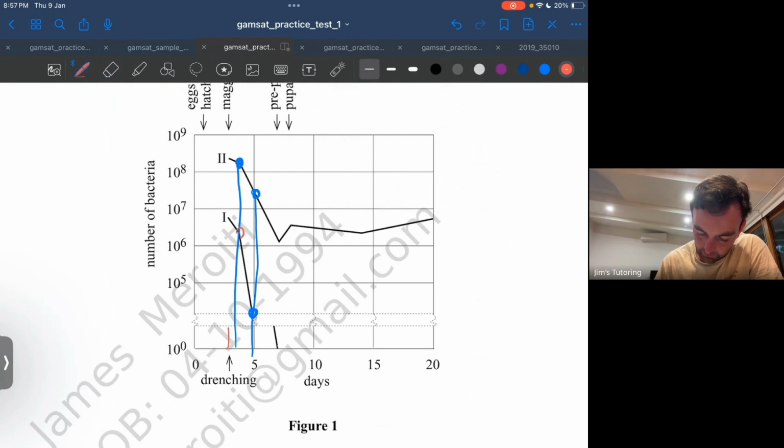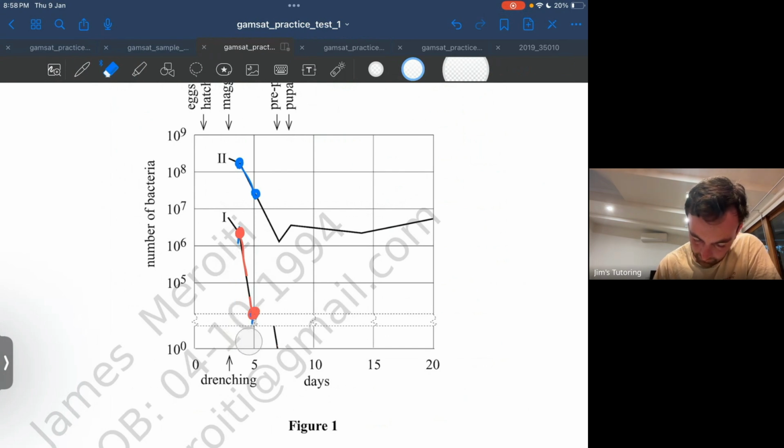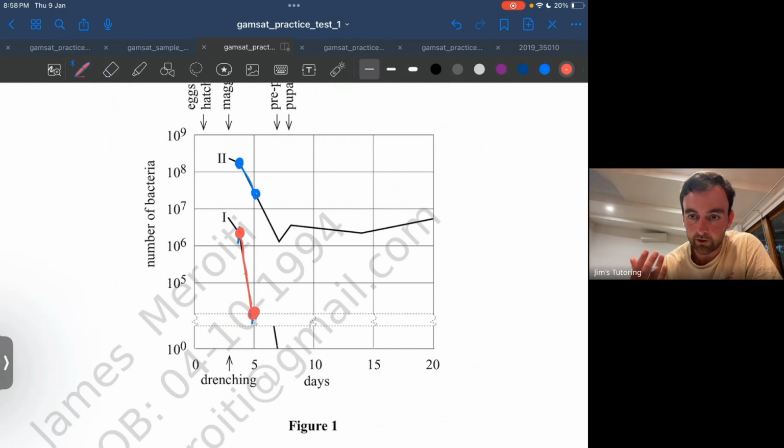So which one goes down more? Line 1 or line 2? I've made this way messier than I needed to, but we carry on. So your brain automatically thinks, well, it should be line 1 goes down more, right?